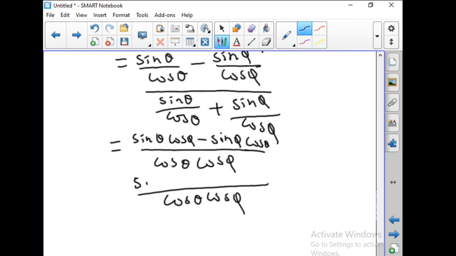So sin theta cos phi plus sin phi cos theta, divided by, we have this. Now here again the denominator gets cancelled.